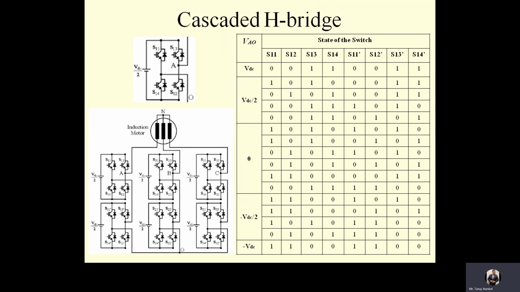The limitation of this topology is the requirement of a large number of separate DC sources. But if the DC power supplies are supplied through a phase shift transformer, very good power quality can be achieved at the utility side.